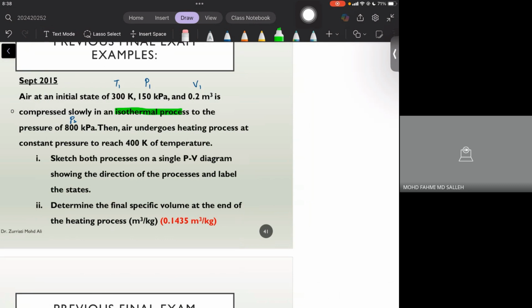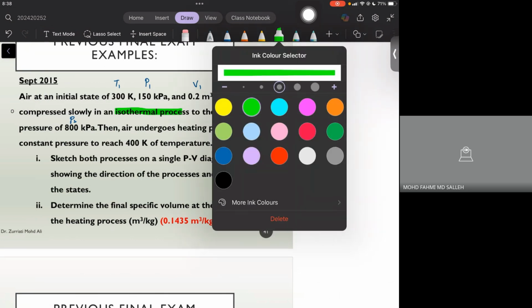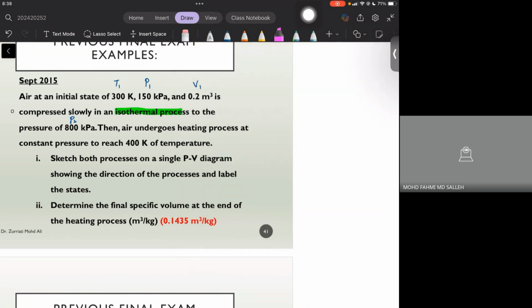Then the air undergoes a heating process at constant pressure. So this will be the second process, and this will give us the information for T3.